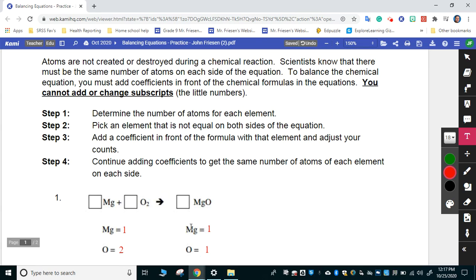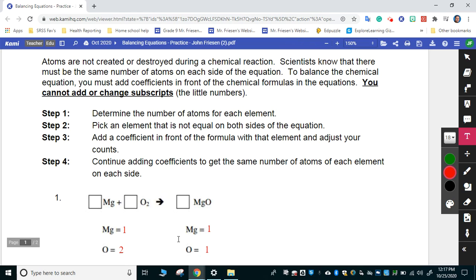Okay, now here's our count. So we determine the number of atoms for each element. We've done that. That's step 1. Pick an element that is not equal on both sides of the equation. Which one is not equal on both sides of the equation? Well, you should be saying oxygen, right? Because oxygen has a 2 here and a 1 here. Okay.